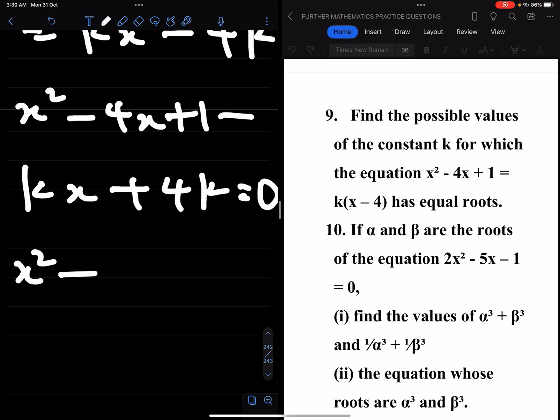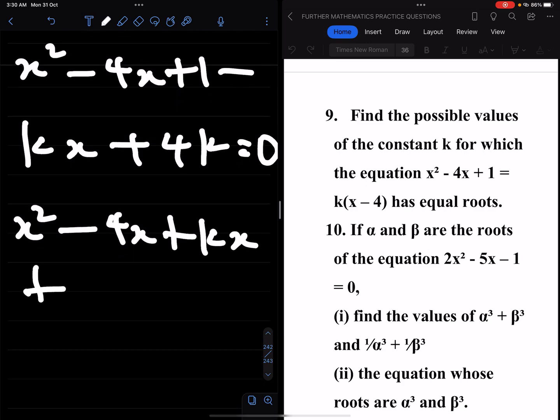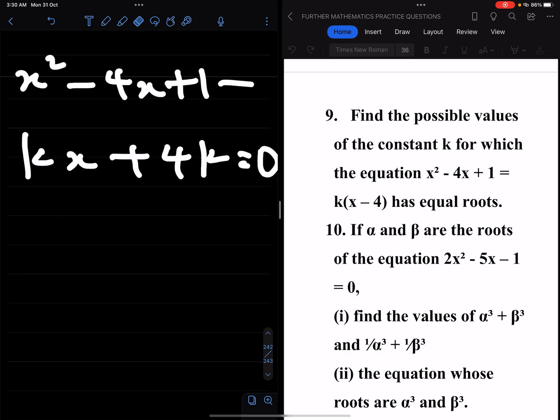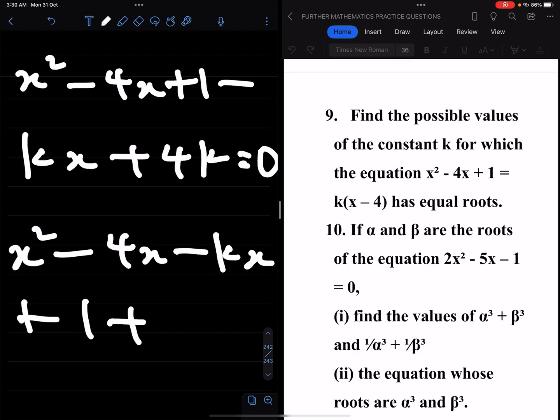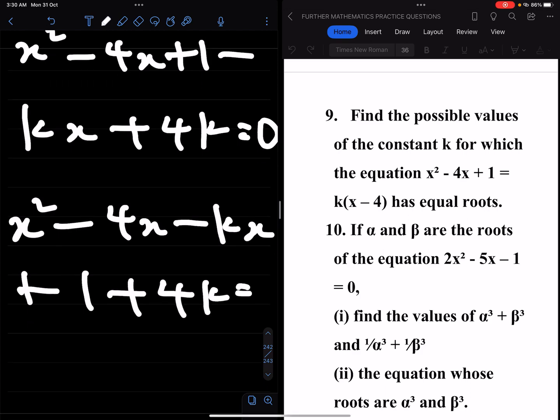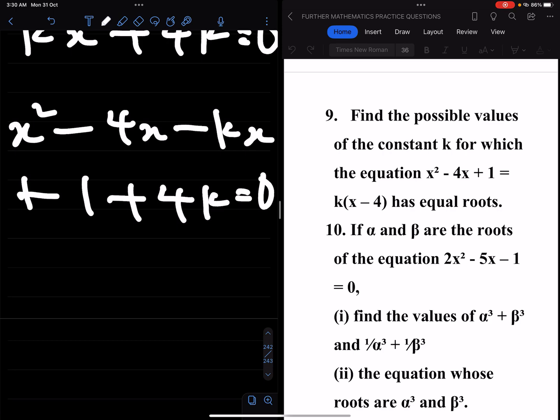And this simply means x squared minus 4x, no, that's not plus kx. I'm just rearranging. This is the same as x squared minus 4x minus kx plus 1 plus 4k equals 0, which is the same as x squared minus, open bracket, 4 plus k.